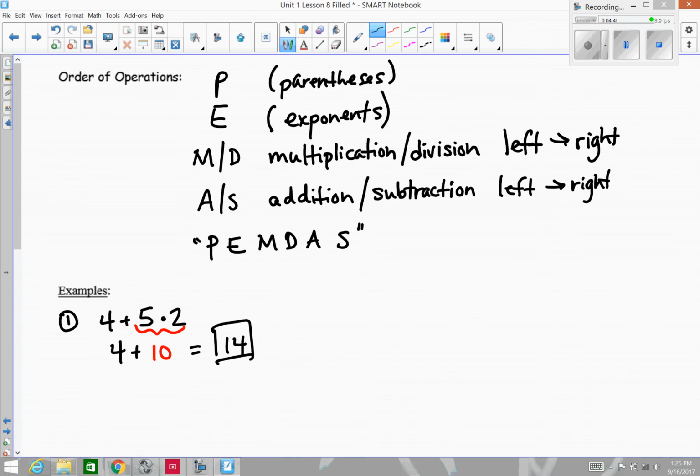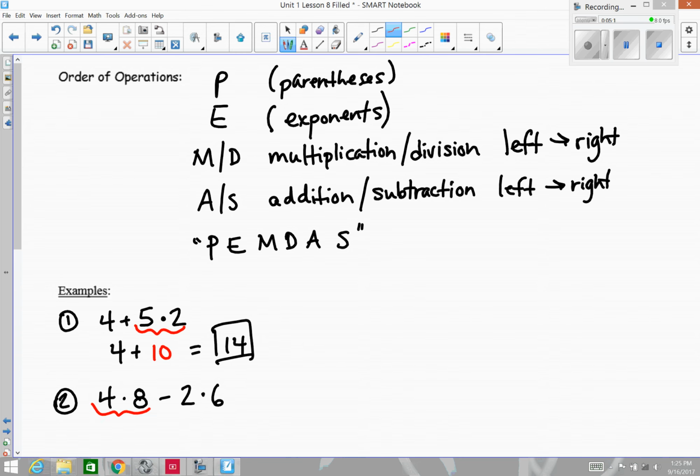Looking at another example. This time we'll use 4 multiplied by 8 minus 2 multiplied by 6. Nothing in parentheses again, and no exponents, so I'm looking for any multiplication and division.